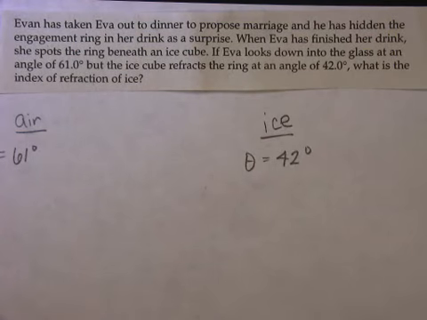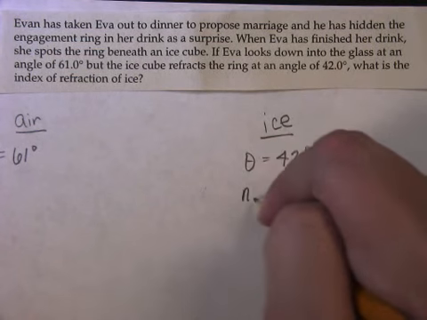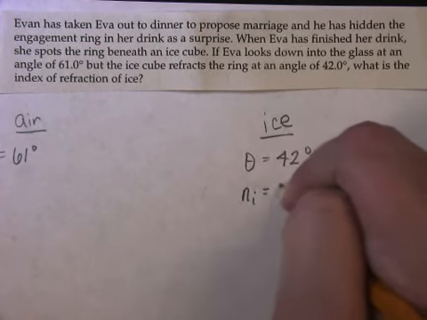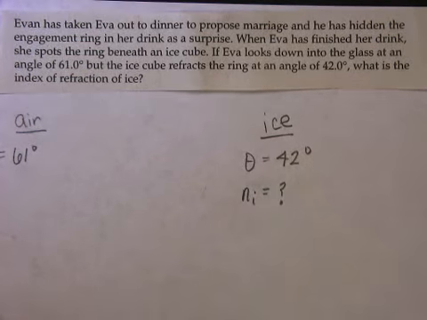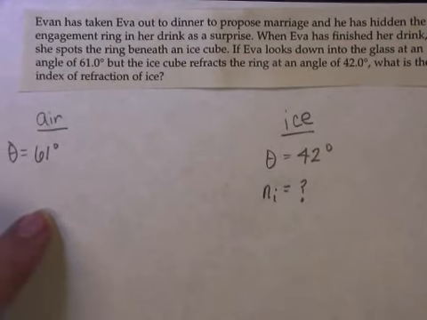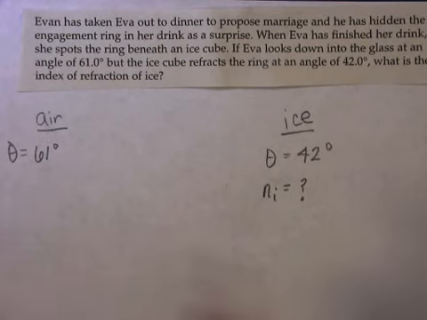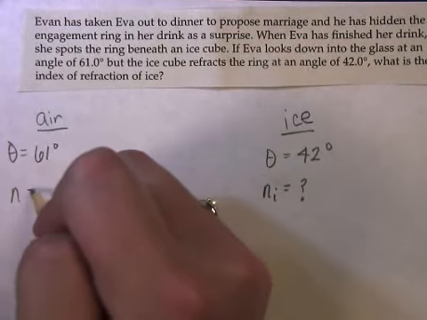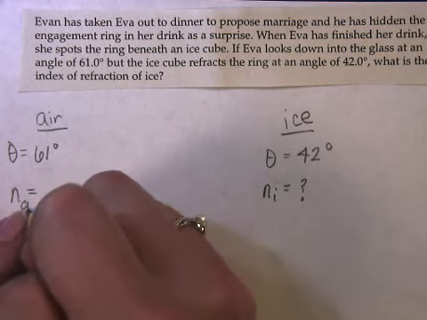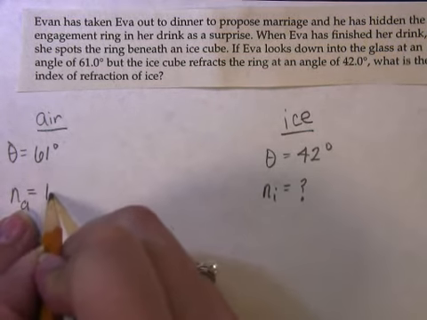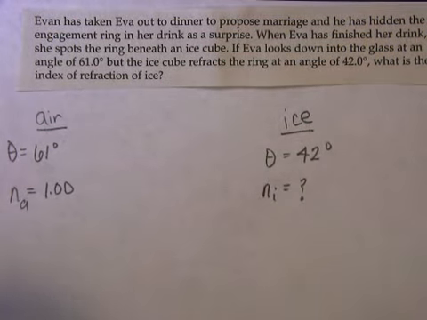It's asking for the index of refraction of the ice, so I'm going to label it as n_ice equals question mark. And over here, I'm going to use my formula sheet for the constant. The index of refraction of air is 1.00.